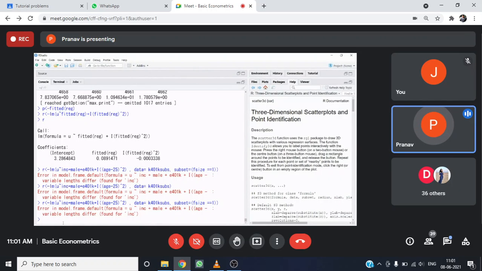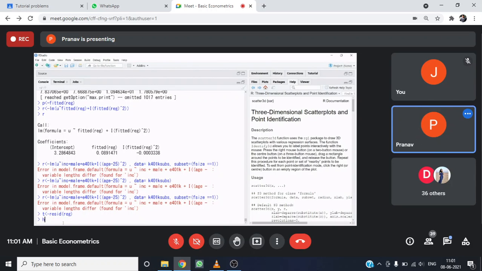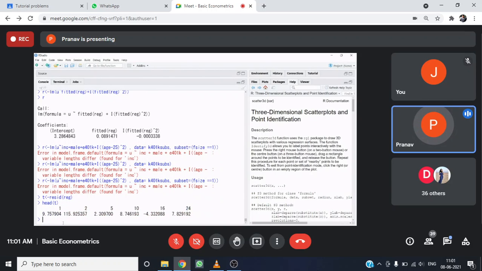Instead of that, let me just do this point which I've done here. Let me store this as t. It's medium. Just to check whoever is getting different residuals, are your first six values coming like this?